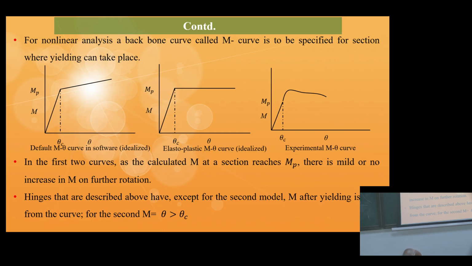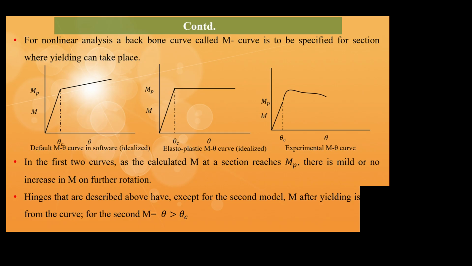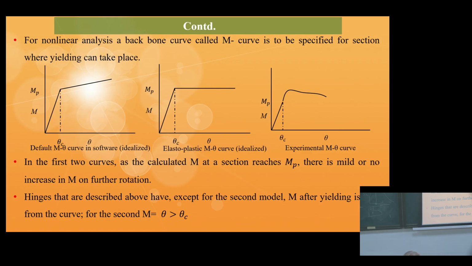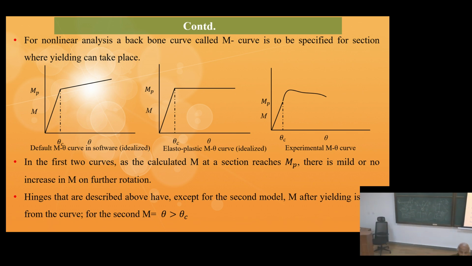Any software you use for nonlinear analysis will ask for an M theta curve to be specified, and if you don't do that, they have a default M theta curve defined and use that.